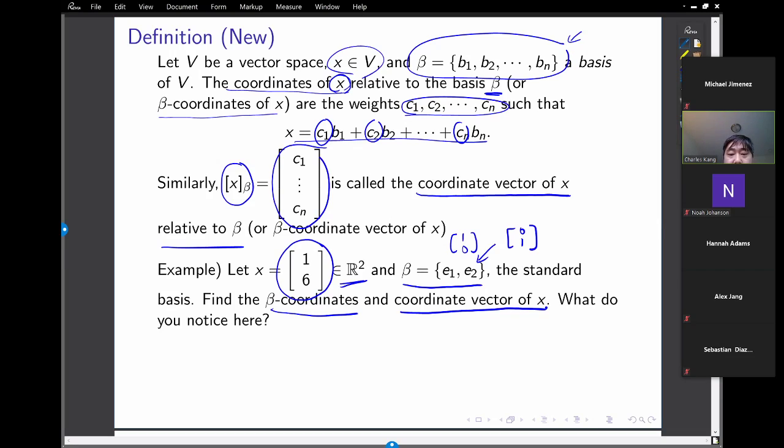What should we do? Anyone? So I should be able to do something like this using (1, 6). I want the coordinates times (1, 0), another coordinate times (0, 1). So maybe I can call these c1 and c2. Can you guess c1 and c2 such that this is true?